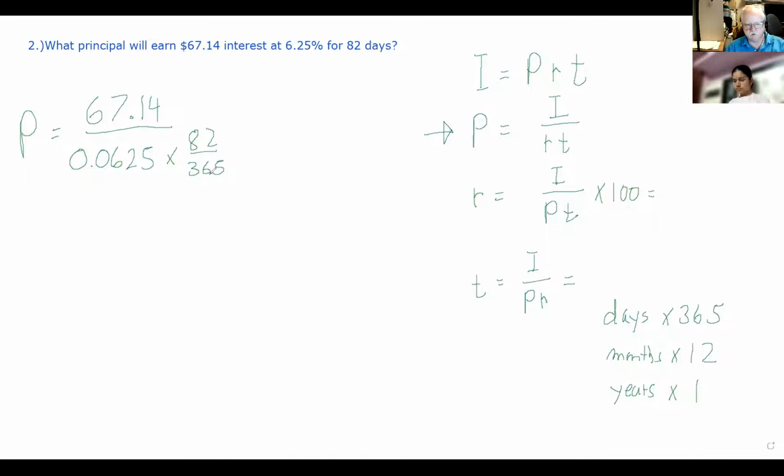And then in order to flip the numerator into the denominator, I'm going to hit 1 over x and go times 67.14. And I will be getting 4781.68.